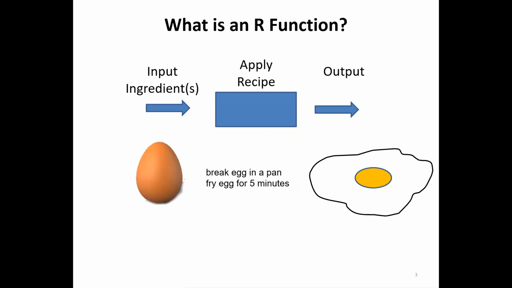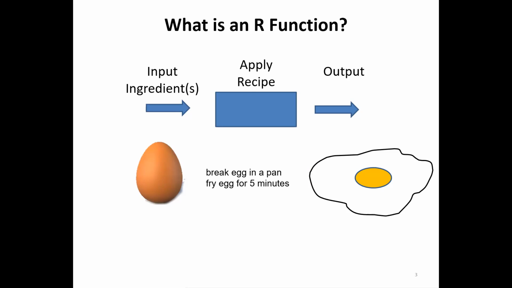When you're baking or cooking something, you need some input ingredient or ingredients. Then you read the recipe, which gives you detailed instructions for how to use those ingredients to create something you can eat, the output. For instance, the input ingredient can be an egg. The instructions would be: break the egg in a pan, have some oil in the pan, fry the egg for 5 minutes, and voila, you have the output.